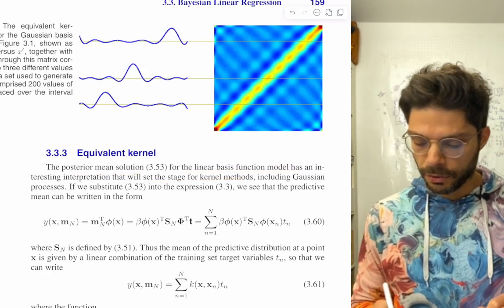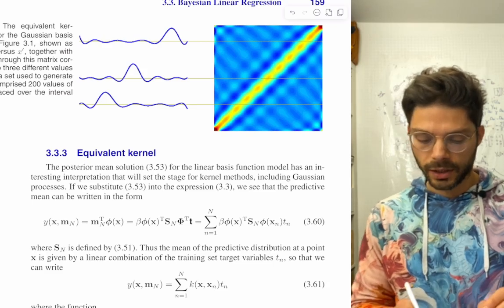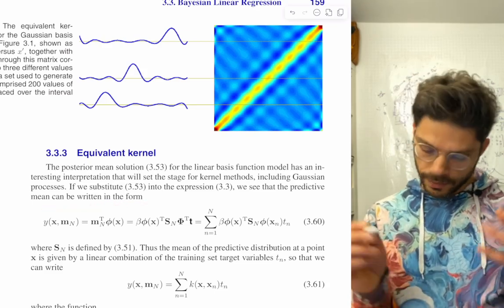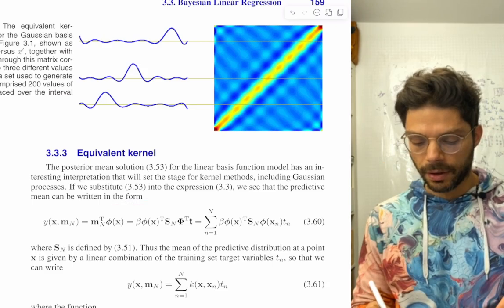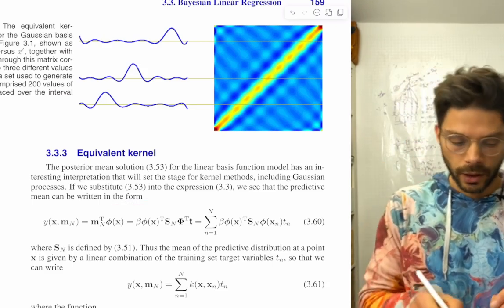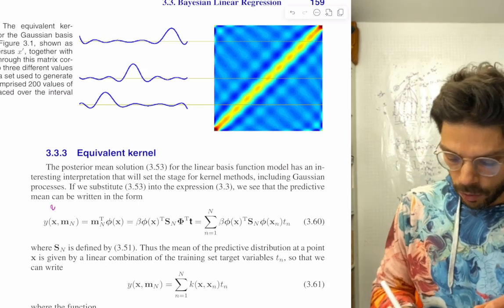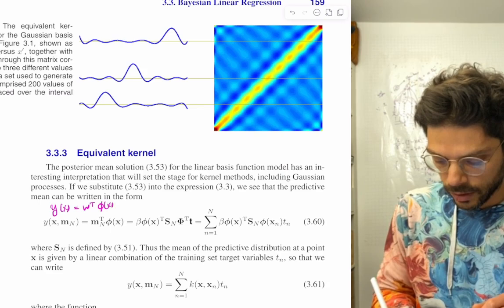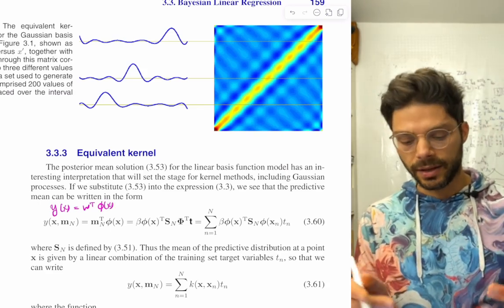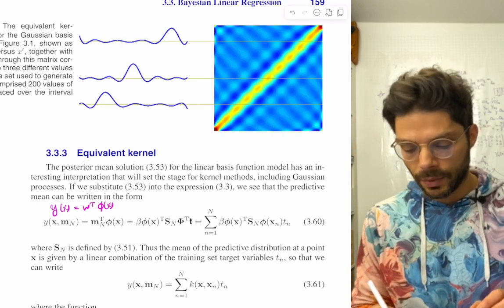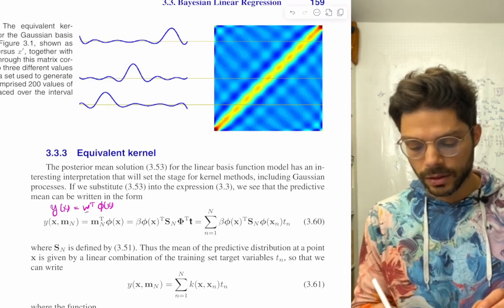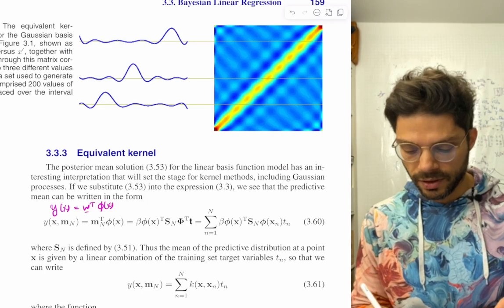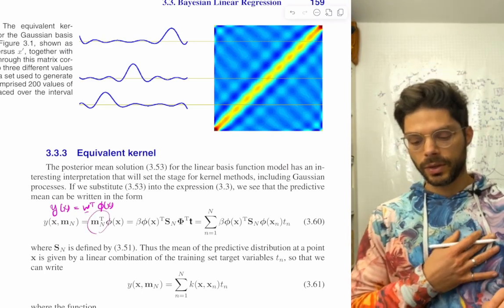Okay, so if we substitute 3.53 into the expression, we see the predictive mean can be written in the form. So remember, we don't need to scroll up. Essentially, remember what we did was we had y of x always equal to our weights times our features, and then we found that given a particular data set, the average value of y was going to equal the average value of the weights times those features, and that average value was m of n.